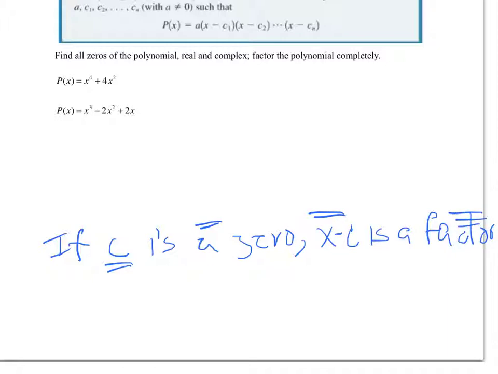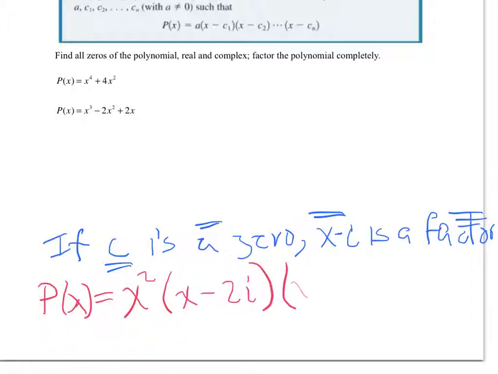Therefore, p of x, our polynomial, can be factored as x minus 0 squared, times x minus 2i, times x plus 2i. And that's the complete factorization of that polynomial.